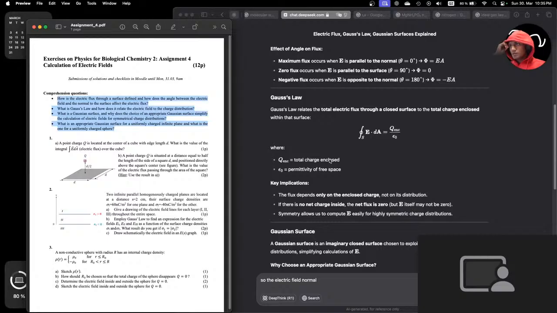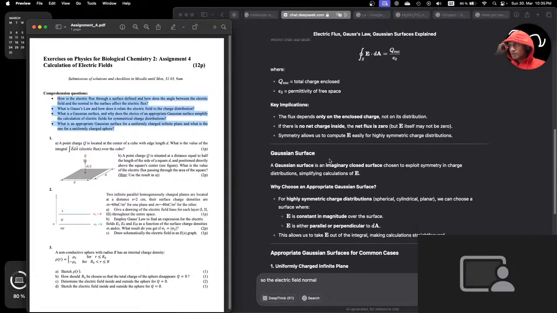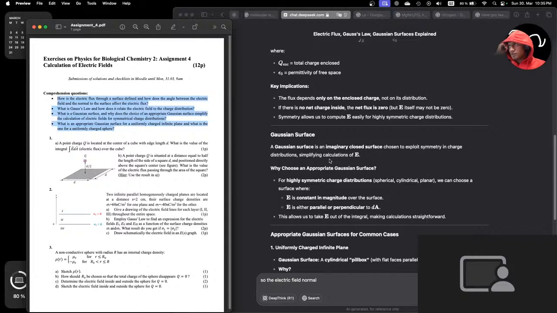Okay. The flux depends on the Gaussian surface, imaginary.